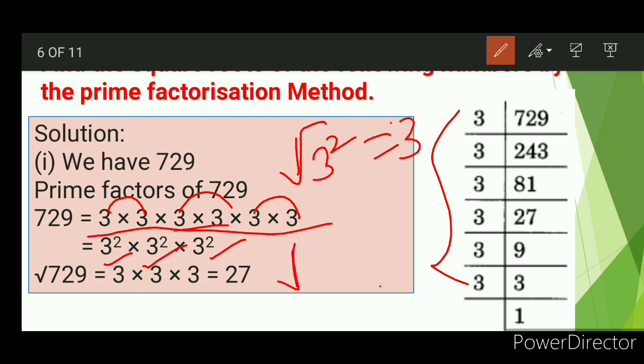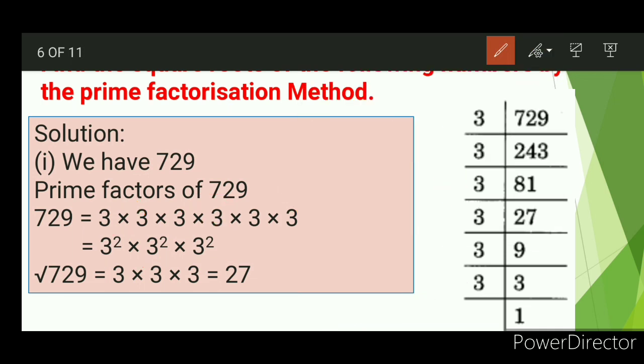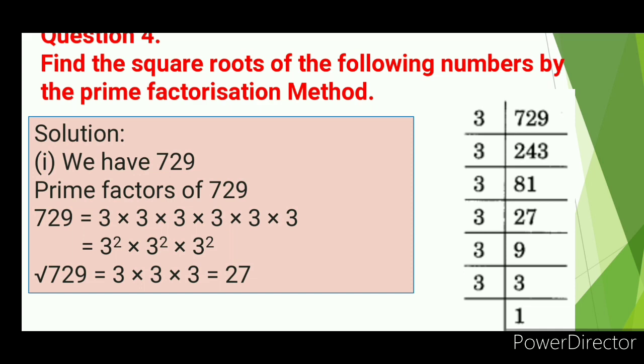Next pair, the square root of 3 square is 3, and again 3. We have 3 times 3 times 3. If you multiply, you will get the square root of 729, that is 27. Got it? Copy down.